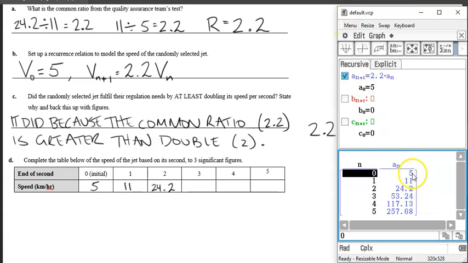Just to make sure, we should get 5, 11, 24.2 as the first 3 terms, and then the next one is 53.24. It says to 3 significant figures, so 53.24 is just going to be 53.2.